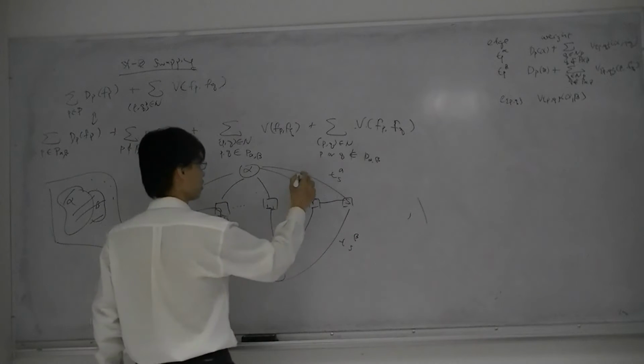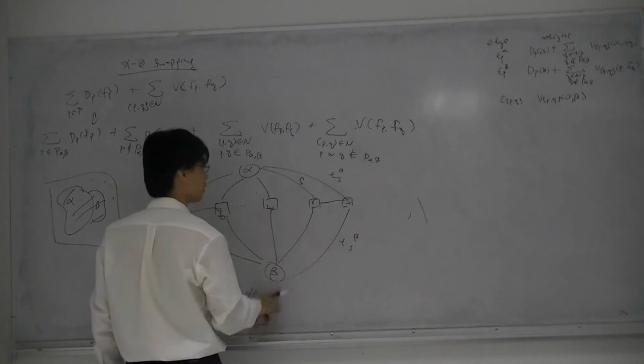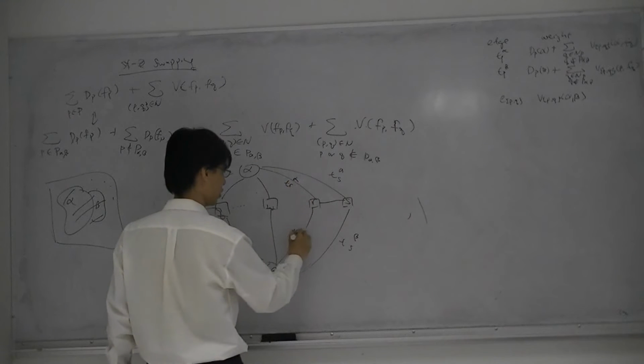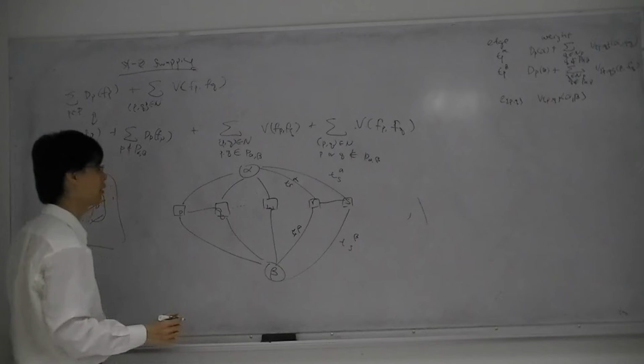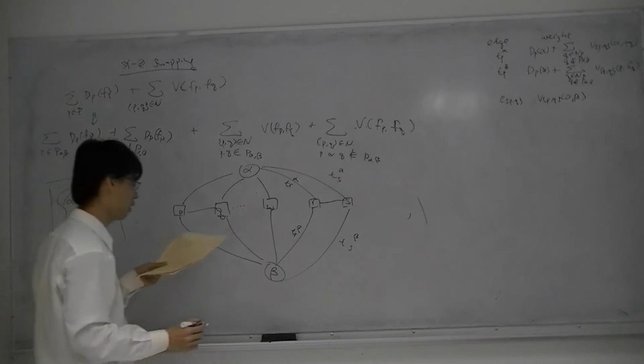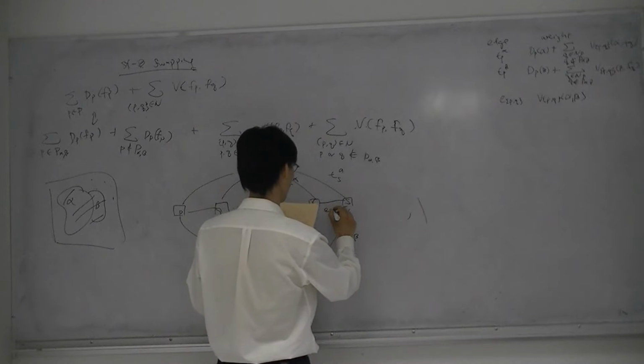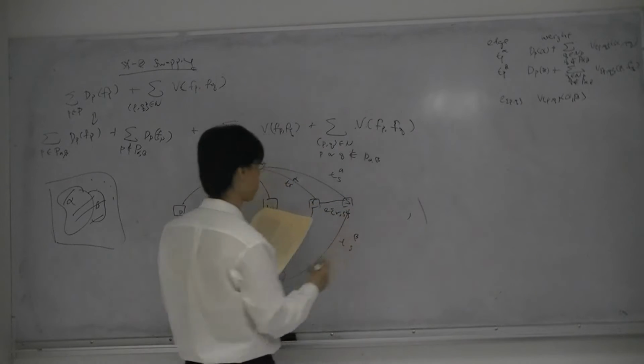So this is T. Alpha T beta. And I have an edge here, B S.